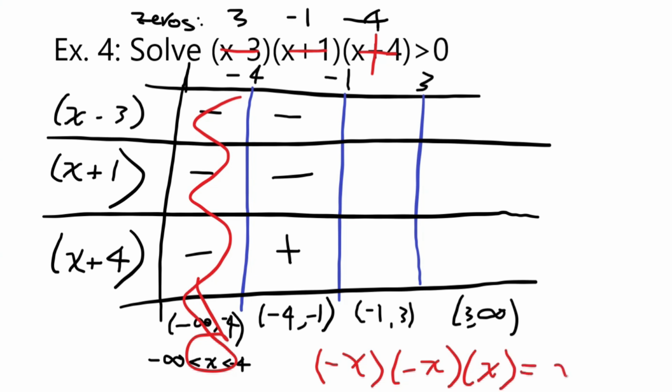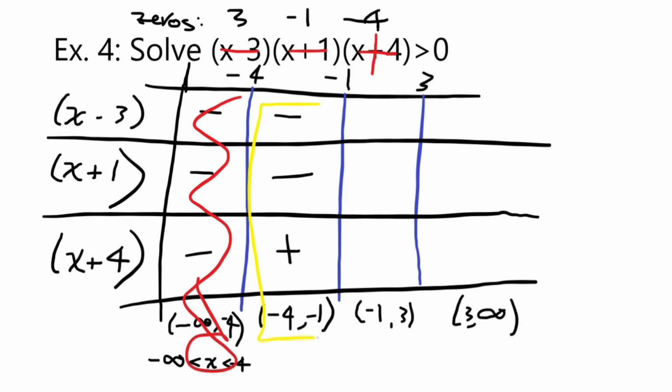You're going to get positive x cubed. But the point, the cubed part isn't important. The point is this is positive, right? And it's positive because the double negative and then the positive, when you multiply them together, they end up positive. That was a very long explanation, but basically what that's saying is that this interval is good.